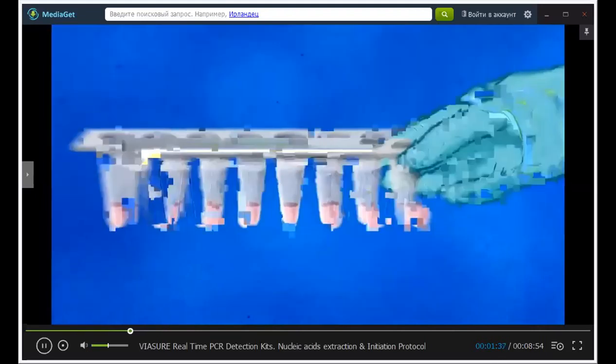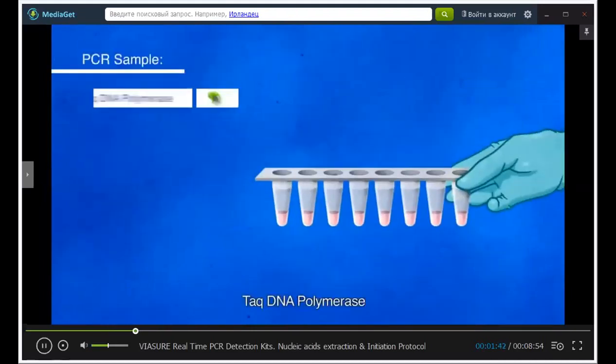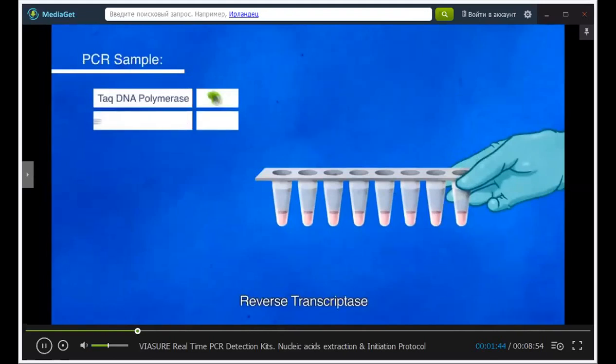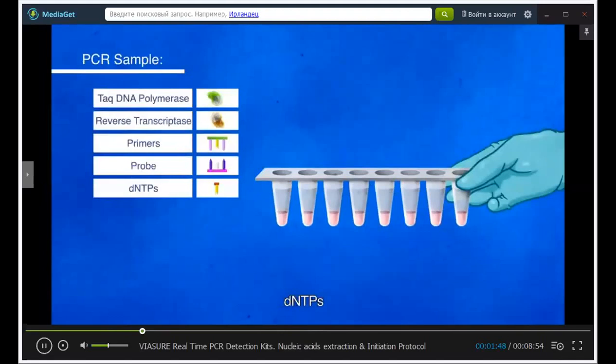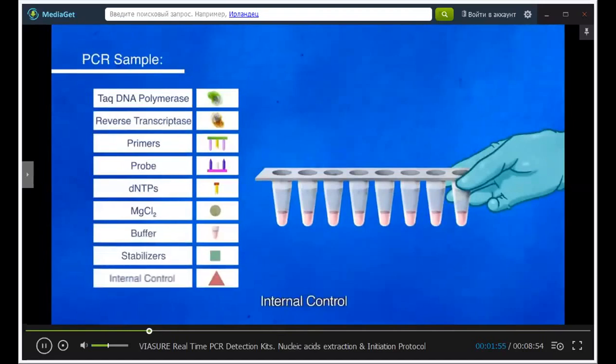The real-time PCR reaction requires the following components: Taq DNA polymerase, reverse transcriptase, primers, probe, dNTPs, MgCl2 (magnesium chloride), buffer, stabilizers, and internal control.